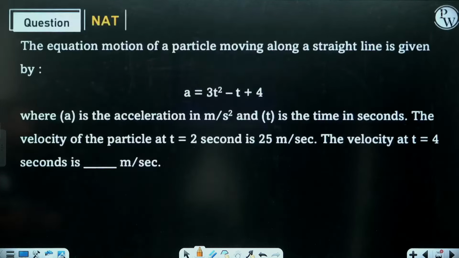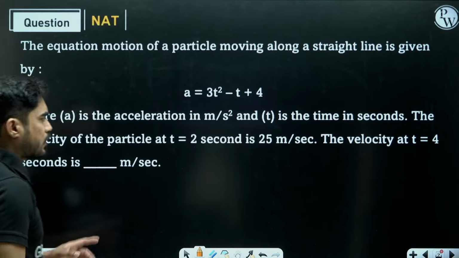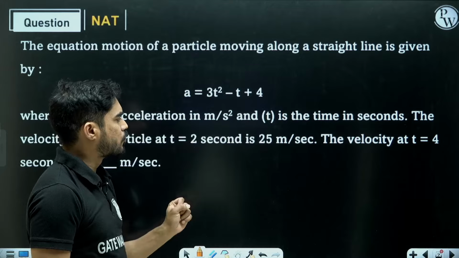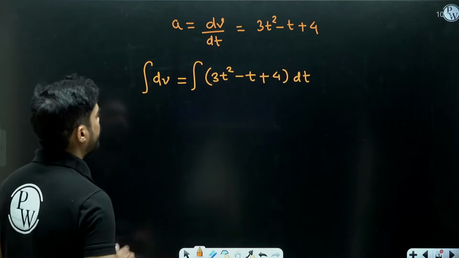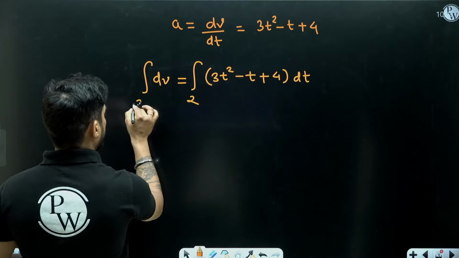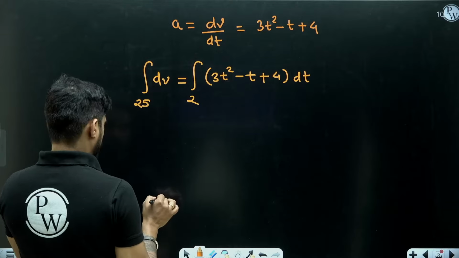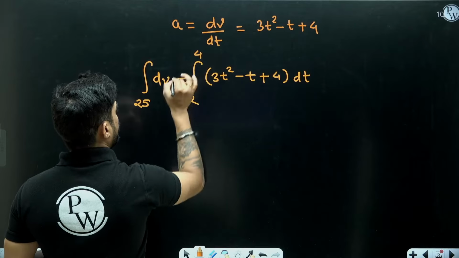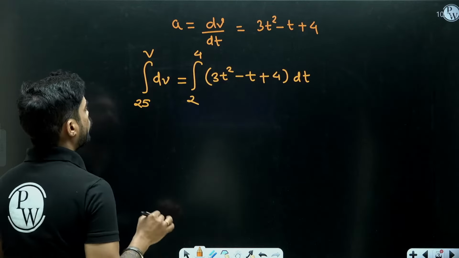But what will be the limit of integration? See, the lower limit of time is 2 seconds and at t equals to 2 seconds, velocity is 25 meter per second. So this will be 2, this will be 25. We need to find the velocity at t equals to 4 seconds. So this will be 4 and this will be the unknown v.